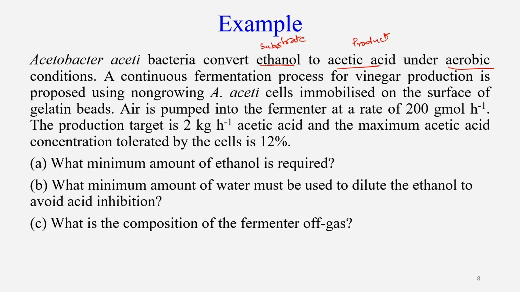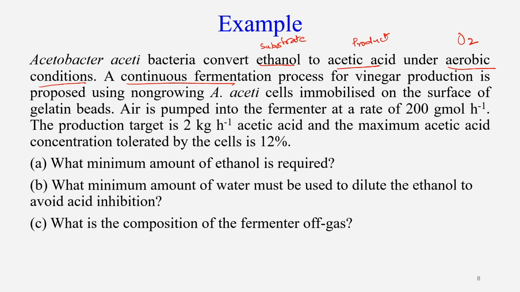Under aerobic condition, aerobic means it also requires the supply of oxygen. And which type of process is there? This is a continuous fermentation process for vinegar production, proposed using non-growing acetobacter cells immobilized on the surface of gelatin bits.